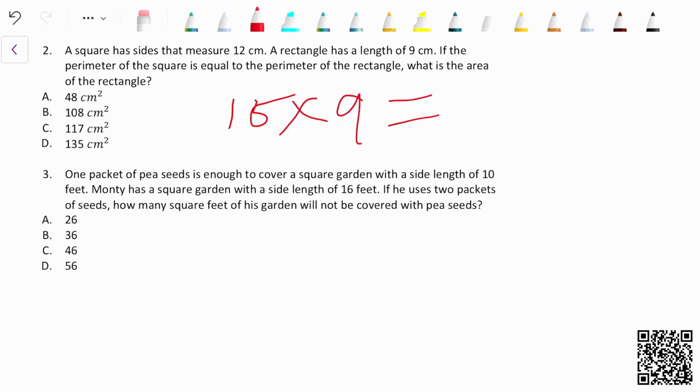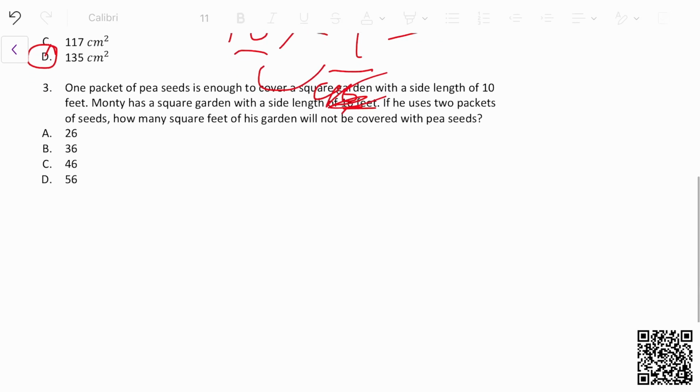But how do we do 15 times 9? Because not many of us are fluent in our 15s either. Thinking of the 15 times 9, 5 times 9 is 45. So the number has to end in a 5, and there's only one number here that ends in 5. So the answer is D.